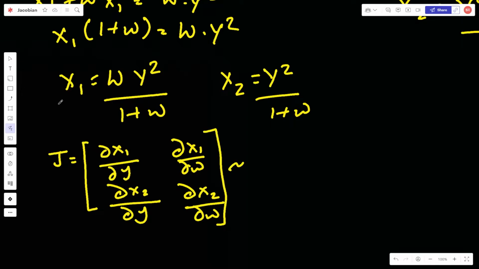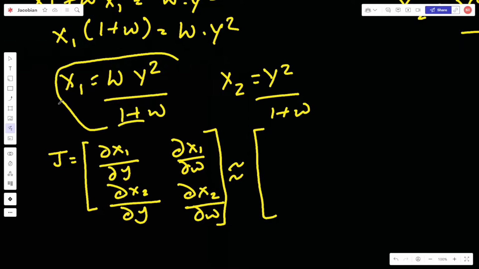And this is the same as rewriting this. We're taking the derivative of this value with respect to y. Taking the derivative with respect to y, our w over 1 plus w is going to be constant. The derivative of y squared is just 2y.